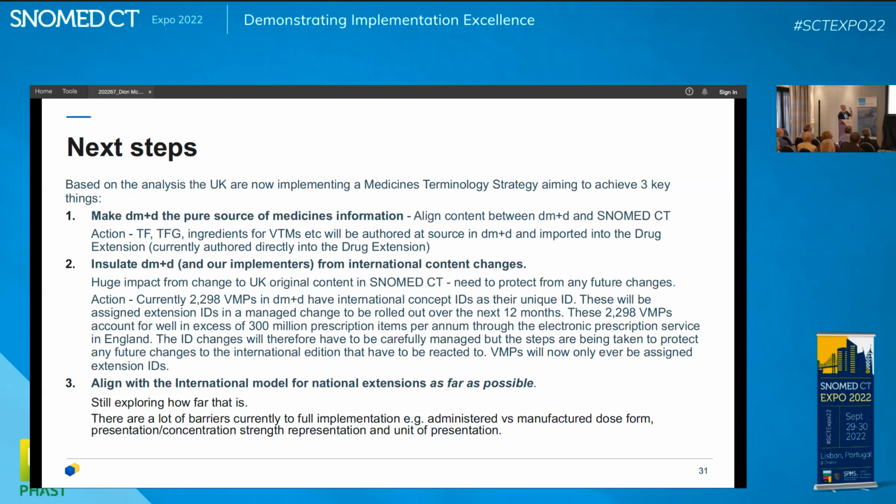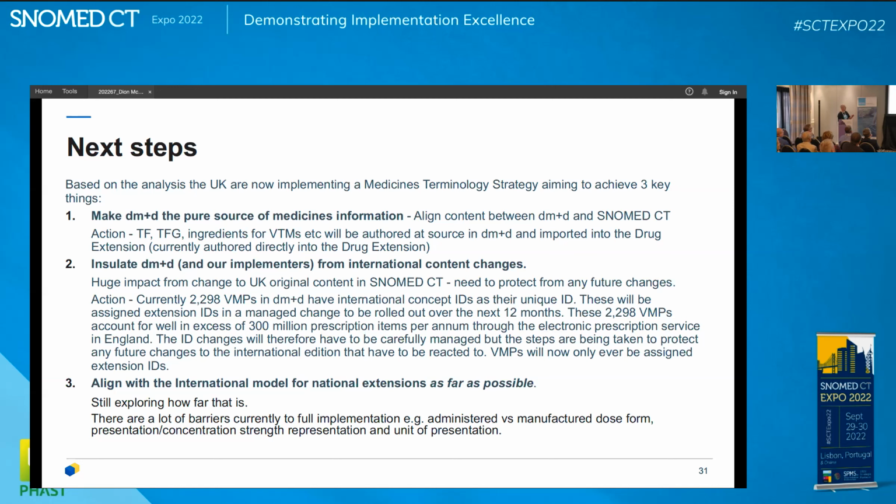They're also going to put in some effort to insulate dm+d from changes to the international content, because that burnt them badly and still does to today. So they're going to have those extension concepts themselves and rely internally on extension concepts that are subsumed by international concepts, but not use those international concepts directly in case they get changed on them again.